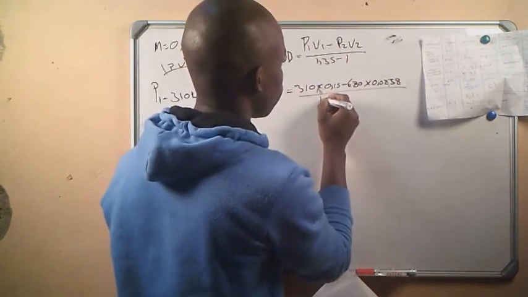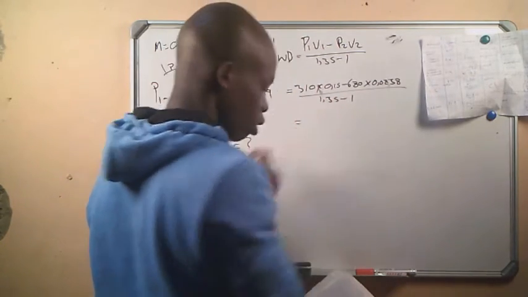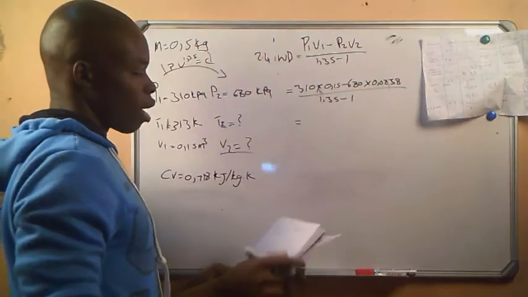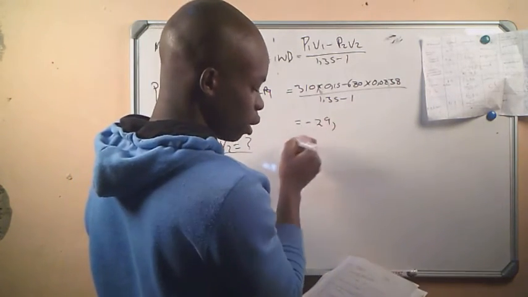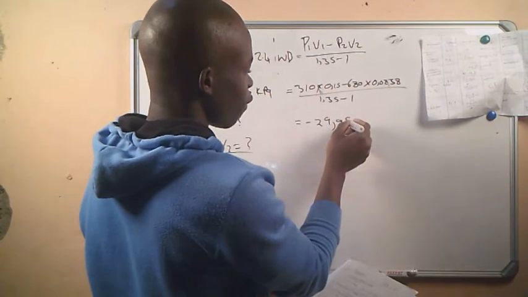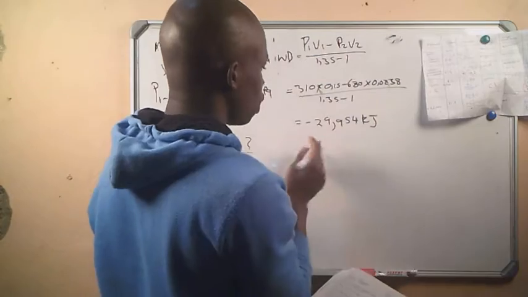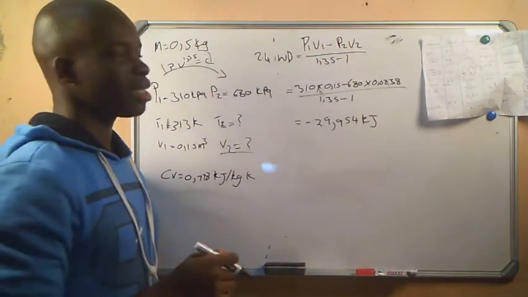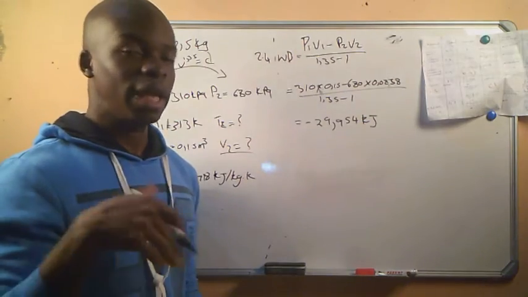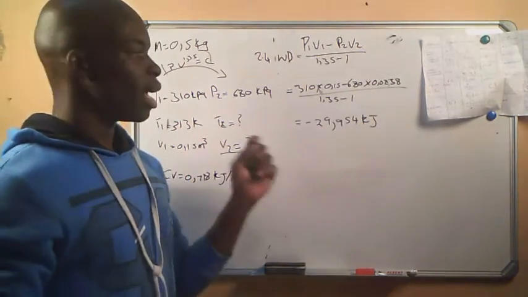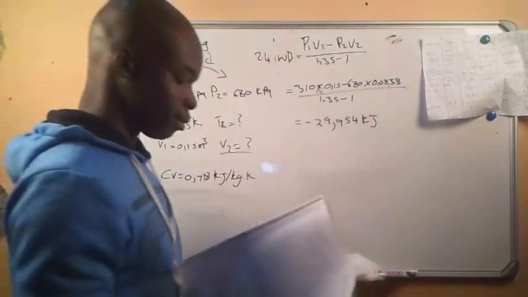And then 1.35 minus 1, it's equal to, then our work done will be equal to negative 29.954 kilojoules. The minus sign now represents that the work wasn't done by the gas, it was done into the gas, sorry. Hence they are saying calculate the work done during compression.